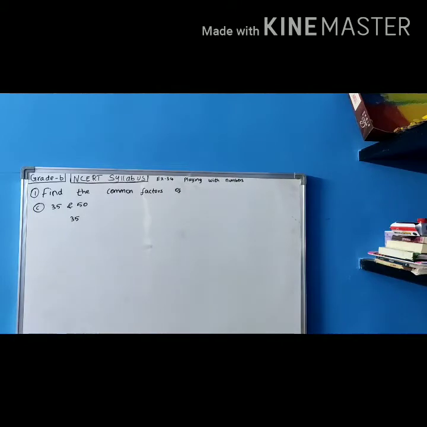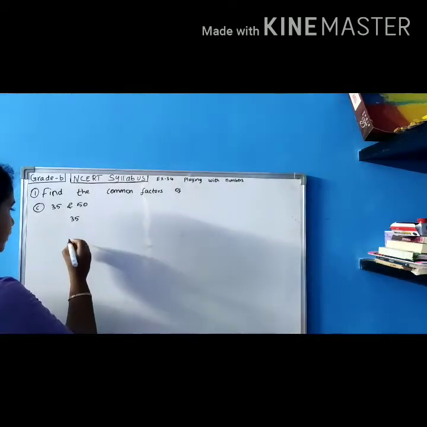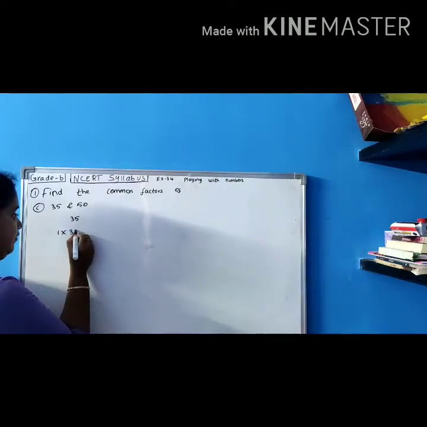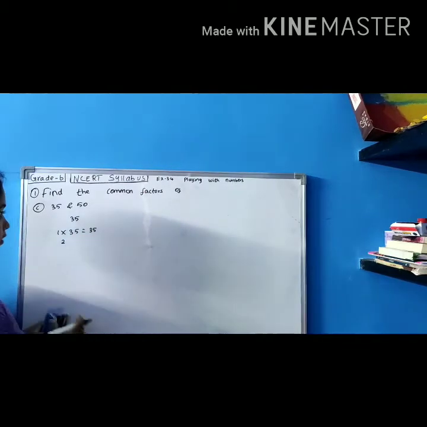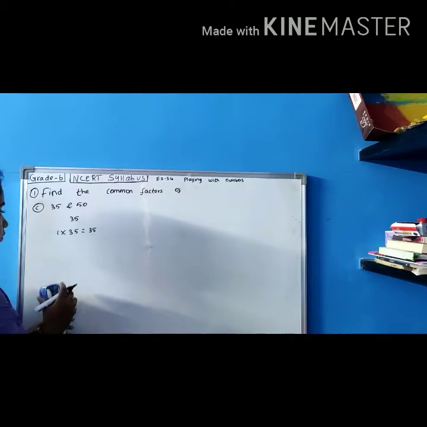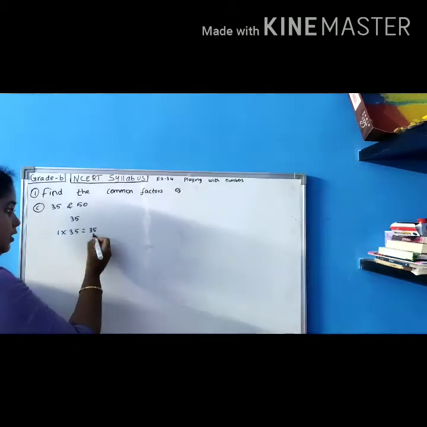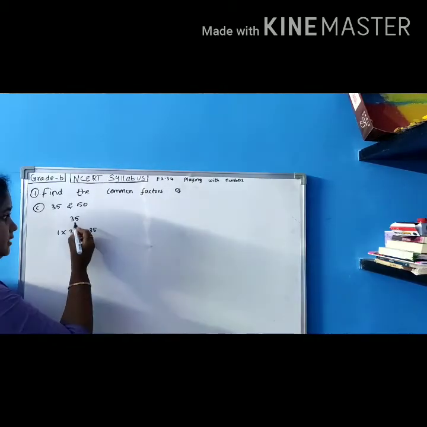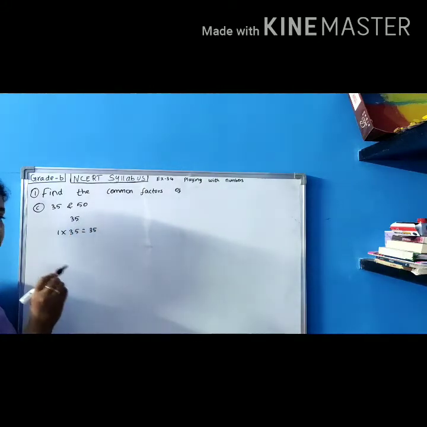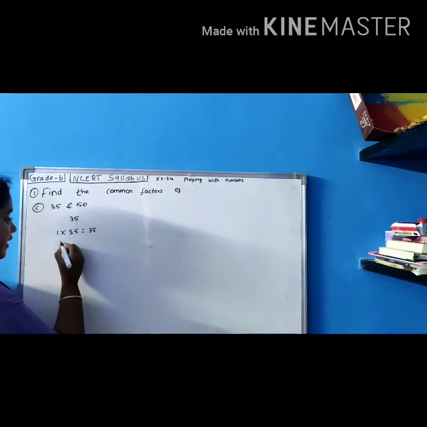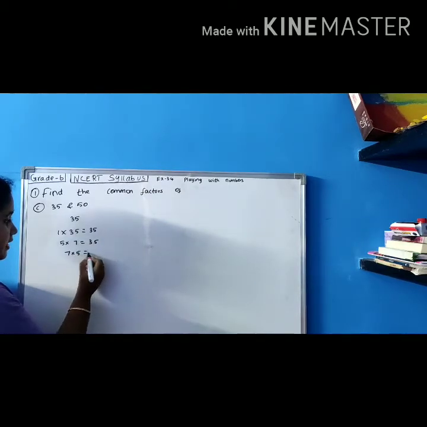So the next is 35 and 50. 35 you have to solve. 1 into 35 gives you 35. 2 will not go. 3 also will not go. 4 also will not go because it is an odd number. So see, the last number is 5. If the last number is 0 or 5, then it is divisible by only 5 and 10. So I am going for the 5 table. 5 7s are 35. 7 5s are 35.